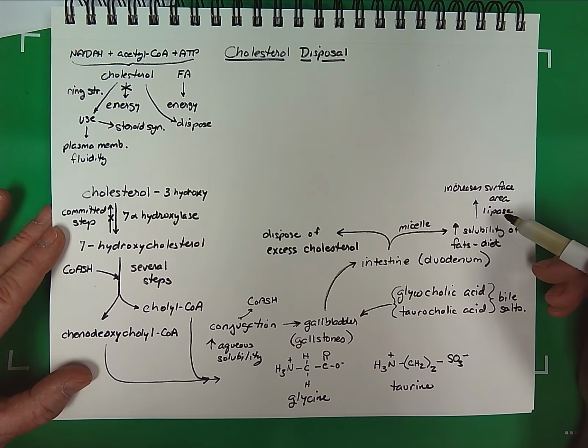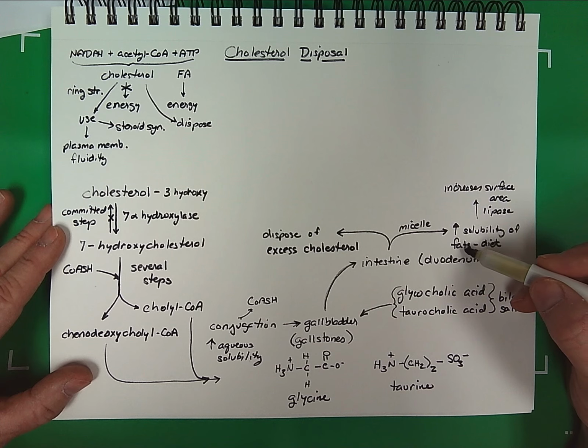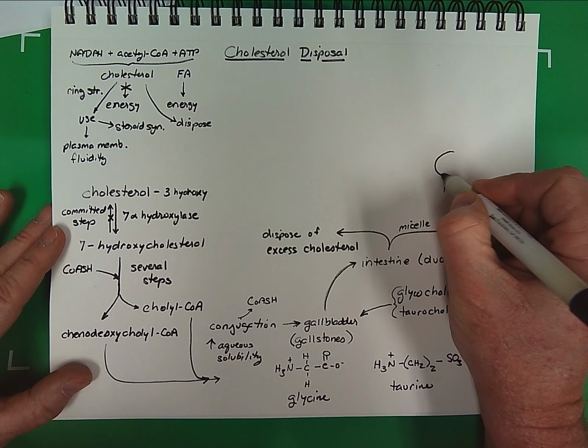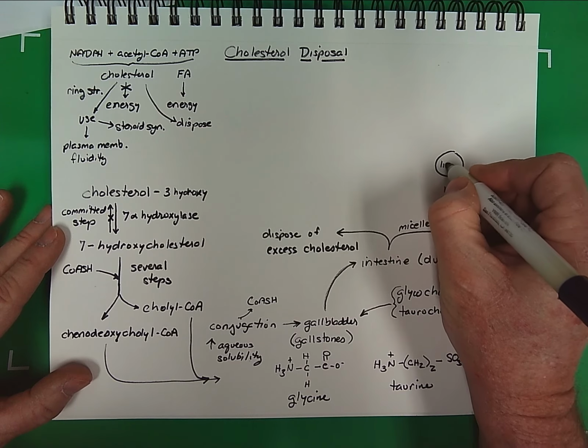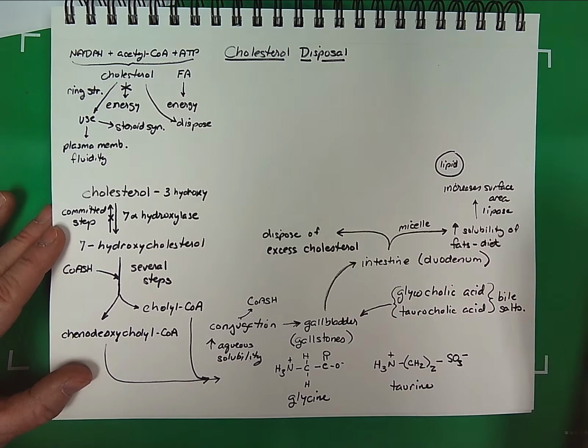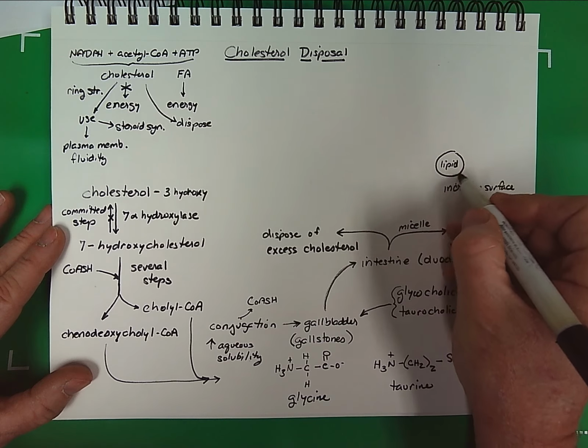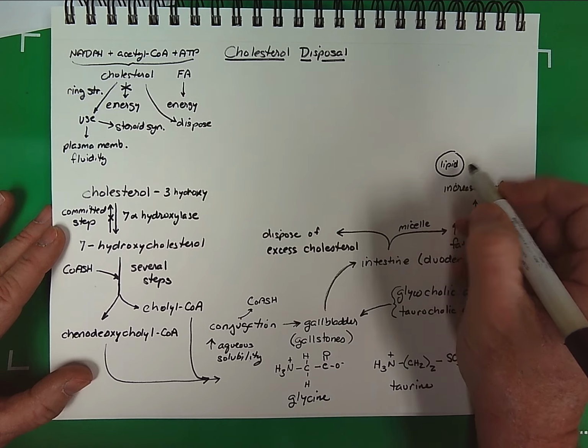Now recall the lipases come from our pancreas, and during mealtime, the lipases digest triglyceride structures in fats to release the fatty acids for uptake by the body. If we have large lipid droplets from our dietary fat, we only have a certain amount of surface area for the lipases to work on.